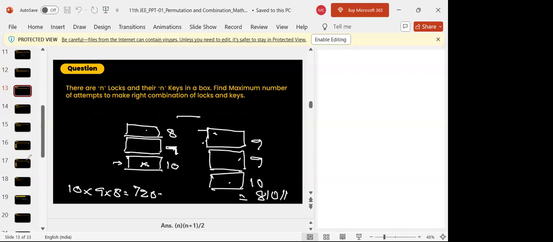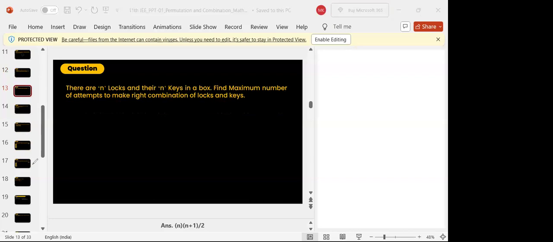Next one. There are n locks and their n keys in a box. Find the maximum number of attempts to make the right combination. It is always taken in the form n into n plus 1 divided by 2. It is common.